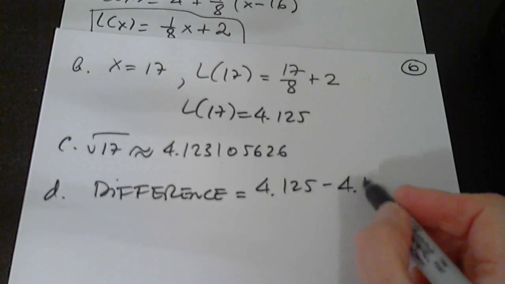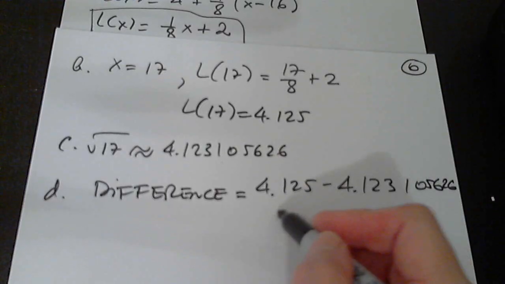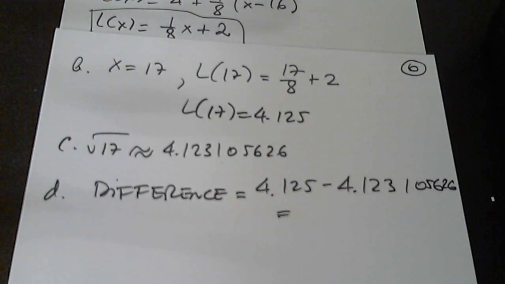4.125 minus 4.123105626. So back to the calculator, I'm going to say minus the previous answer. I don't know if it's going to do it though. We'll see in a moment.